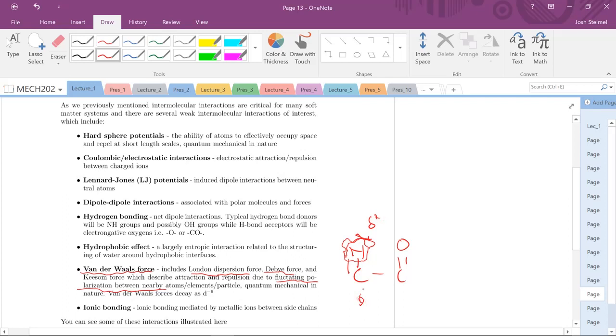And that leads to these really short-term fluctuations, and these short-term fluctuations can cause van der Waals forces to appear. And actually, it's really important to see they decay as d to the minus 6. This is critically important.